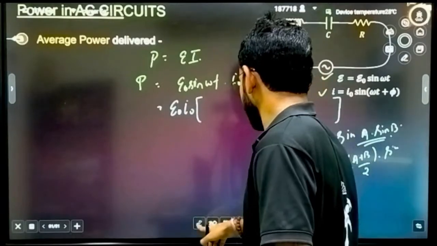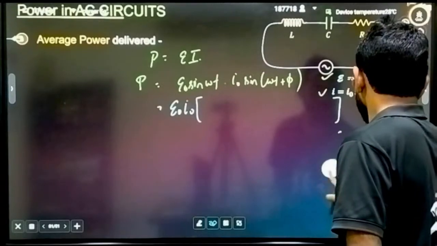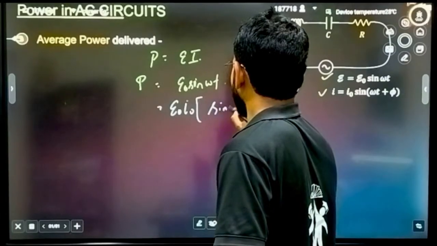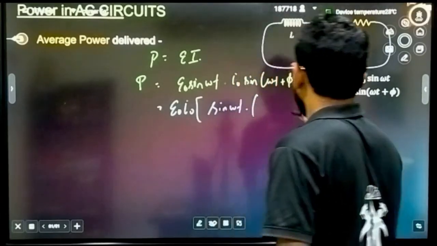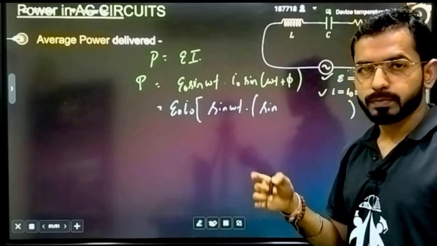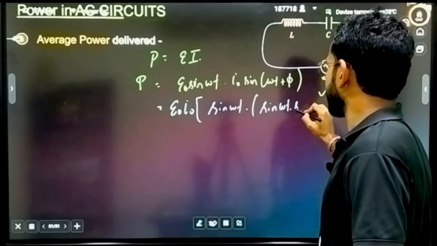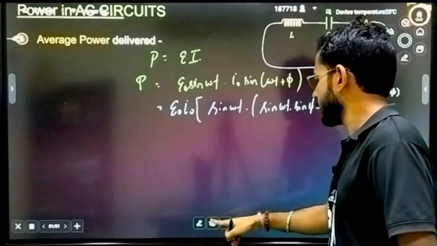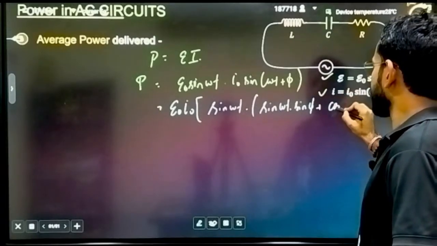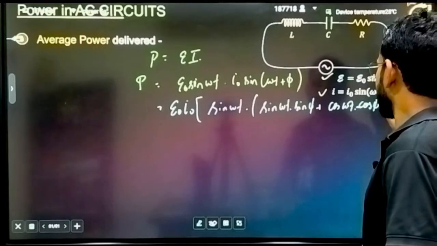Firstly open it. Better than that, using this one, open this one, then automatically it will become sine of omega t into sine of a plus b. How will you be writing? Sine of a plus b, sine a cos b plus cos a sine b. So you will be writing sine of omega t into cos of phi plus cos of omega t into sine of phi.